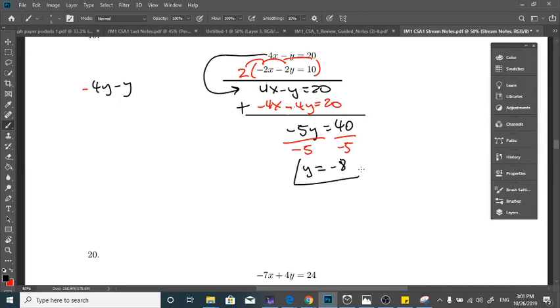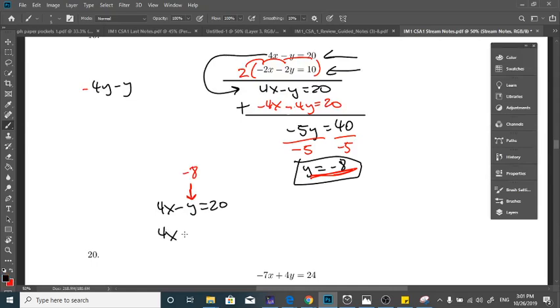Okay, so we have the value of y. Now we can plug it into either one of these to solve for x. Honestly, it doesn't really matter which one. Let's choose the first one, because why not? Again, y is -8.